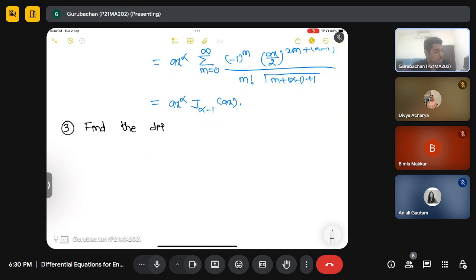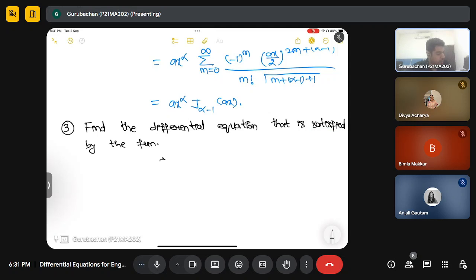So find the differential equation that is satisfied by the function f of x equal to under root pi x J half of x, for x greater than 0.